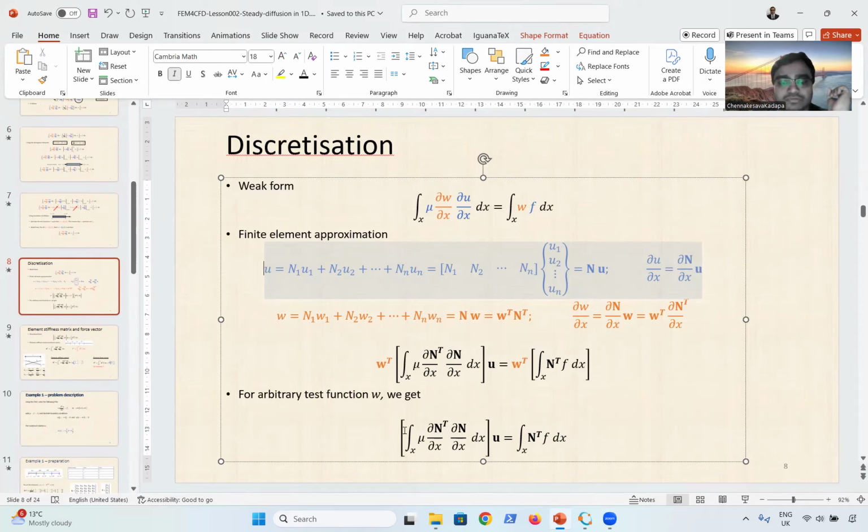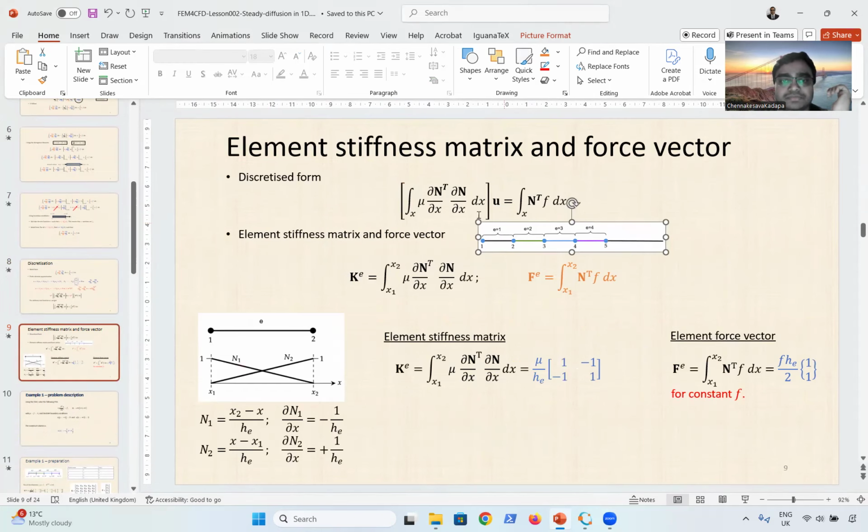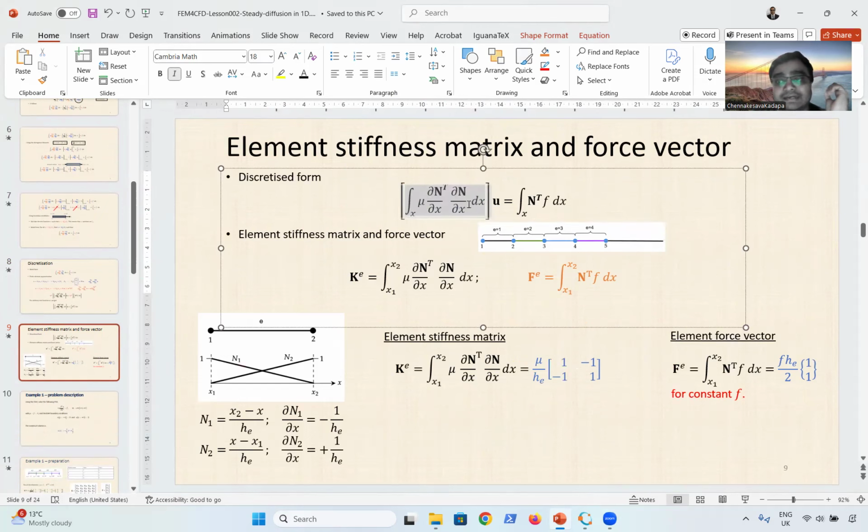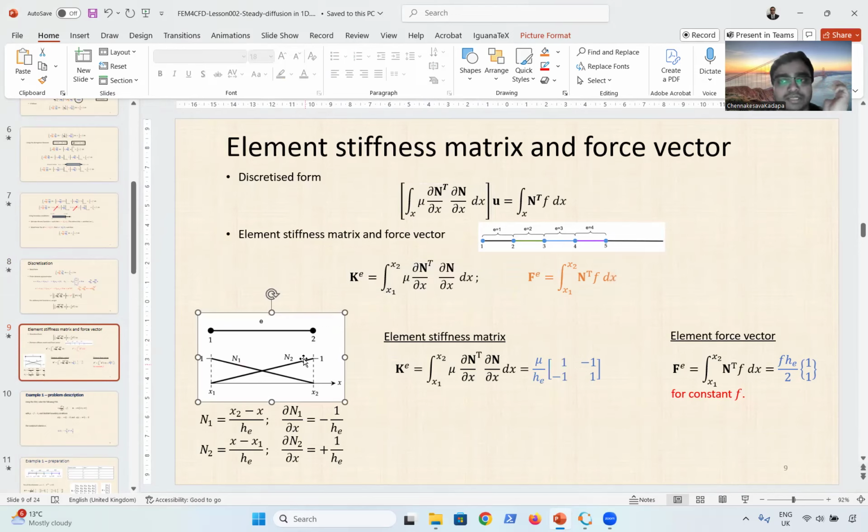After we have the discretized form, we split the domain into a number of elements, so we can split the integral over those elements. For each element we can evaluate the integral as the stiffness matrix. For example, if we have a two-noded element, then we have two basis functions that are non-zero, and by calculating their shapes and their derivatives, we can integrate it exactly and get the expression. This is our element stiffness matrix.